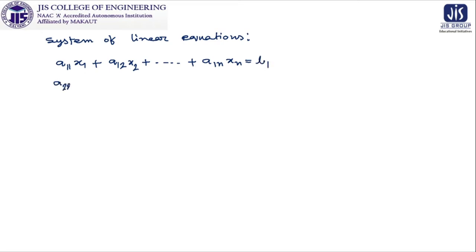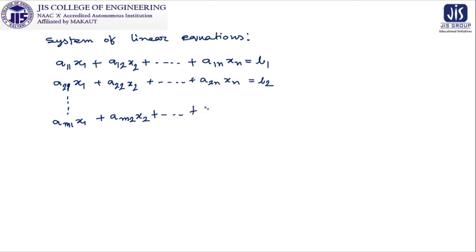Next line, a21x1 plus a22x2 plus a2n xn is equal to b2. In the similar manner, a m1 x1 plus a m2 x2 plus up to a mn xn is equal to b. How many equations are we having? 1, 2, 3, 4 up to m, so it is bm.